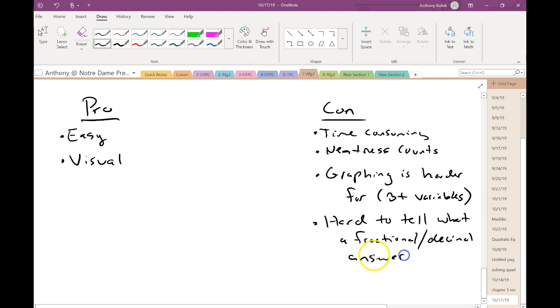That's kind of where we're going here. The pros list is very nice, and we'll do some graphing examples, and you guys will practice this a little bit, but in terms of the go-to skill, this is one I would never use in reality. It's a good starting point because it's visual and it really helps you get an intuitive sense of what's going on, and what we mean by a solution.